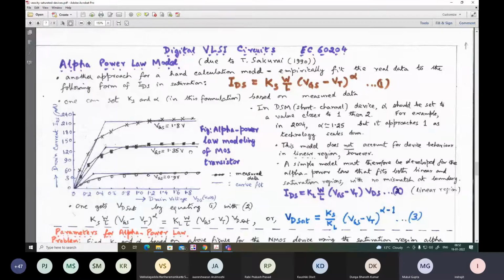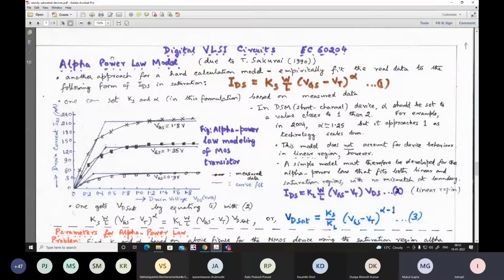If we get it for two successive values of the terminal voltage, then we can predict the saturation current when the terminal voltage is brought down for the next process node. So this is useful for predicting the saturation current for a further scaled down device.